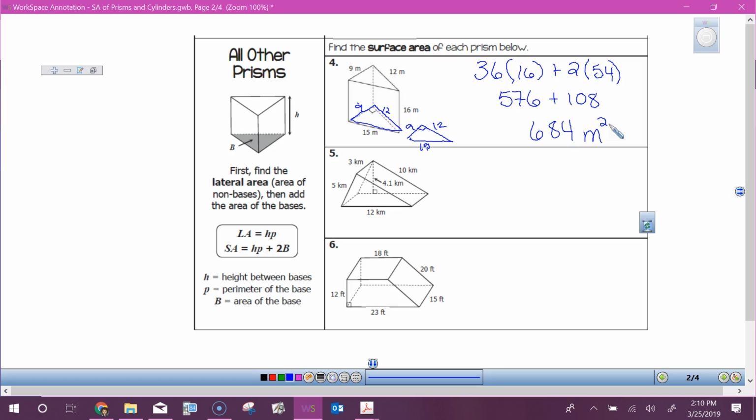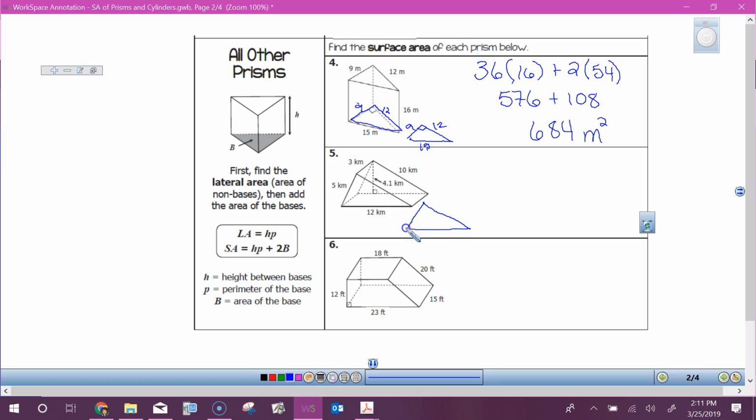All right. Look at number 5. What is my base? Guys, you need to pay attention. What is my base in number 5? What shape? It's the triangles again. Remember, they have to be congruent and parallel. So in this case, once again, my base is the front and the back.